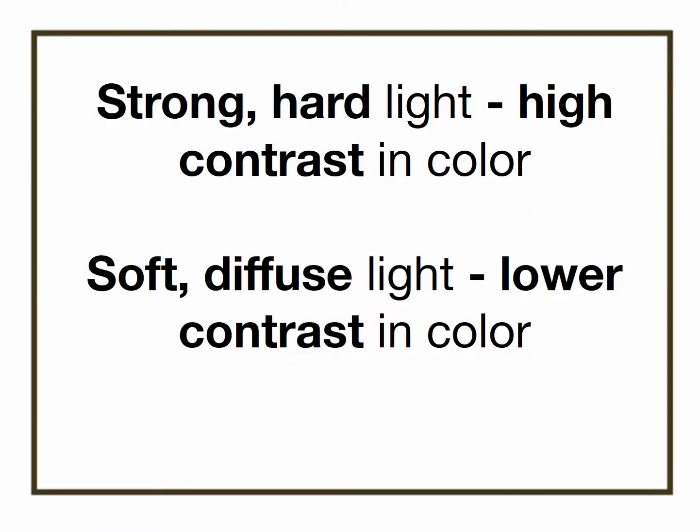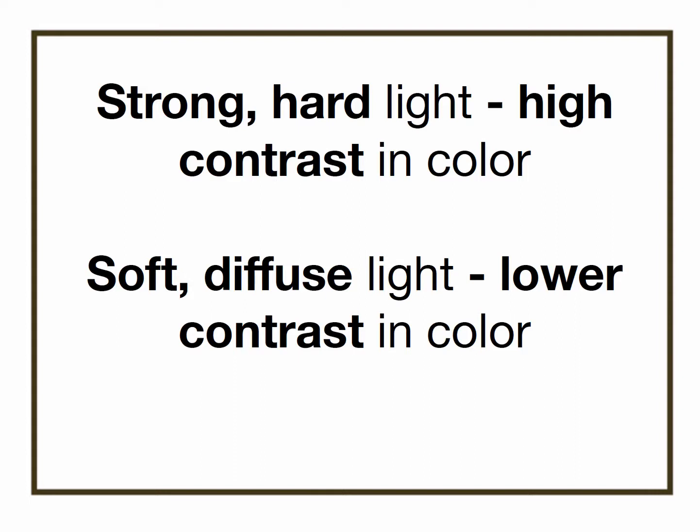In order to create a strong sense of light, the real key is to use contrast in color. So if you want to create a strong sense of hard, brilliant light, you want to use high contrast in color. So you want to have a very large difference between your lightest and your darkest colors, between your brightest and your dullest, between your warmest and your coolest.